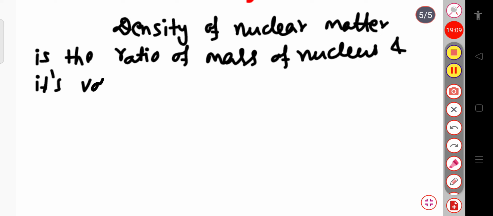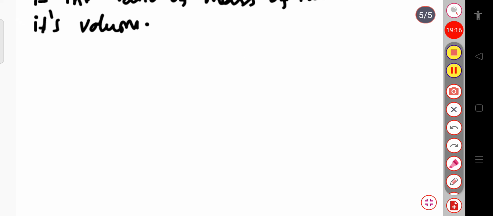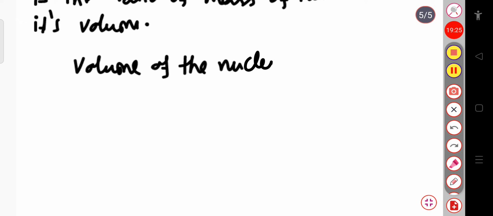Here we can write the volume of the nucleus; mathematically, the volume of the nucleus is equal to 4 by 3 pi r cube.